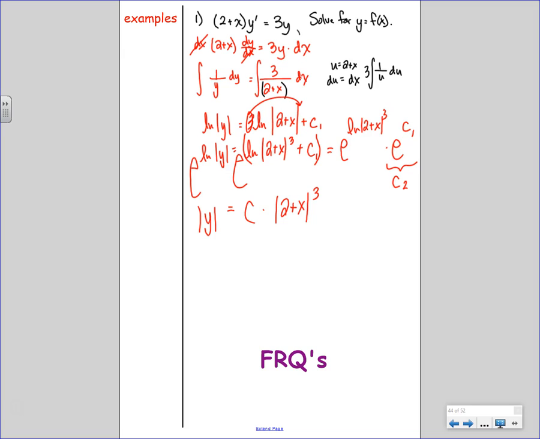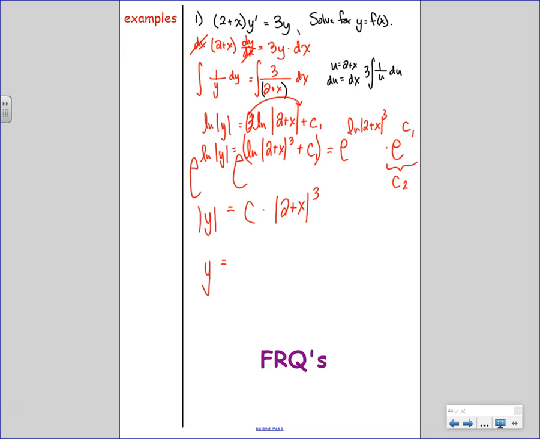Now, question. If this is absolute value, he's always going to be positive, yeah? Okay. And then if that's absolute value, he's always going to be positive. Okay, so now it's true. If I take away this absolute value, could this y theoretically be positive or negative?